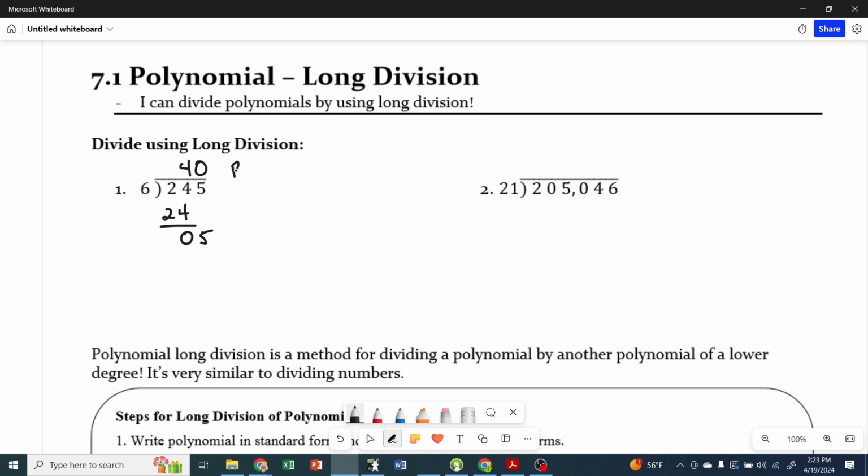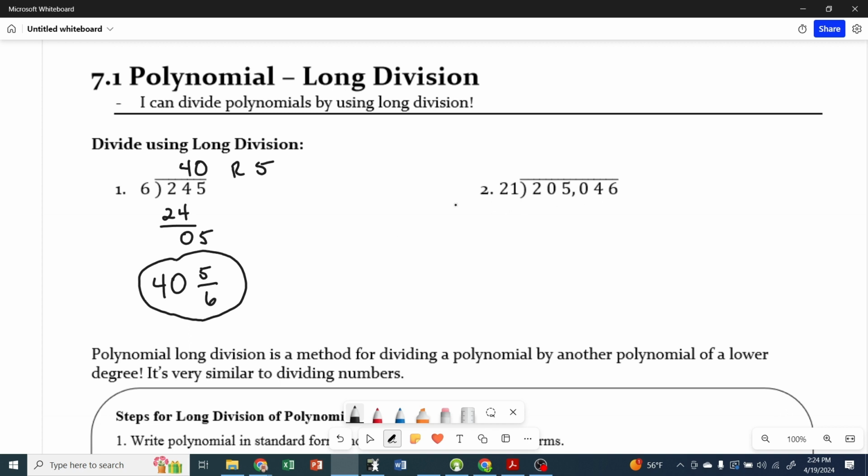Back in the old days, you might have had a remainder of 5. But the way we approach this is when we have a remainder, it's 40 and 5, the remainder, over the divisor, 6. So our final answer is 40 and 5/6.